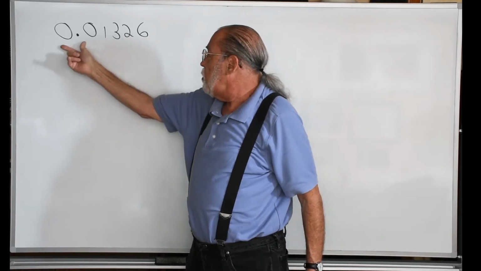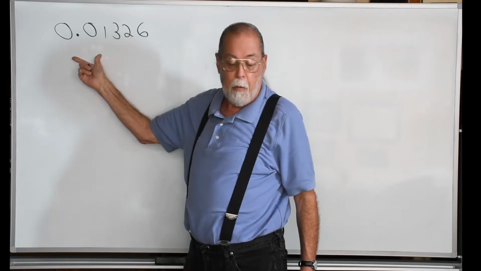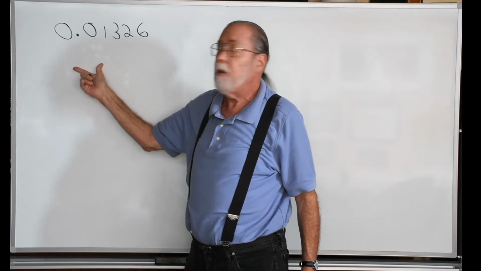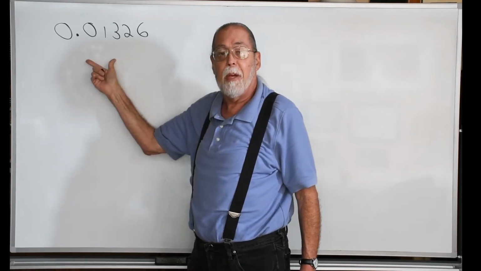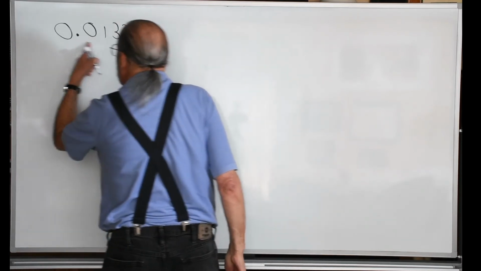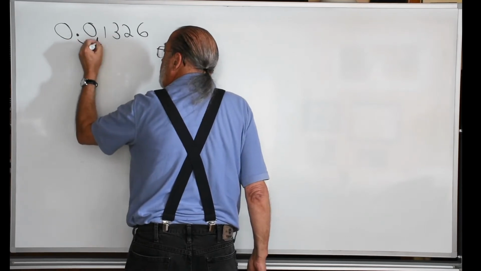What we do is we move the decimal point in whatever direction is necessary to get a number between 1 and 10, keeping track of how many places we moved it. In this case, we need to move it 2 places.